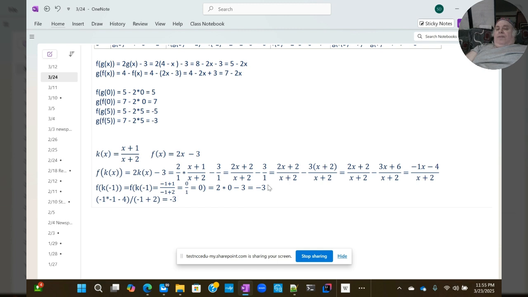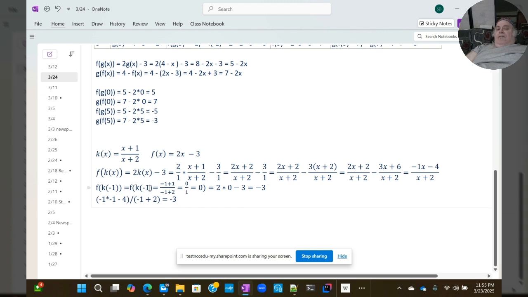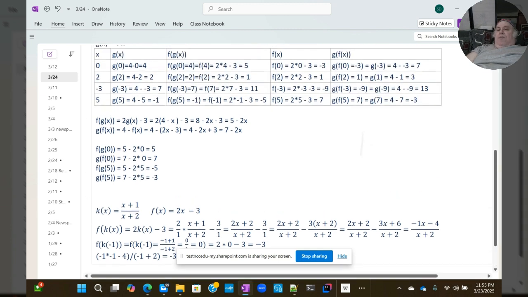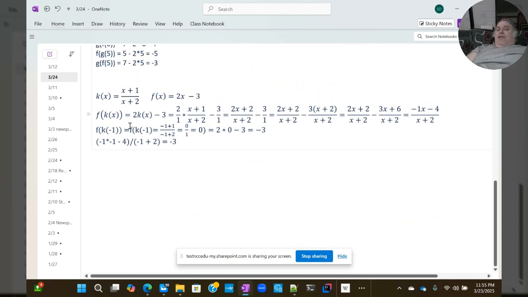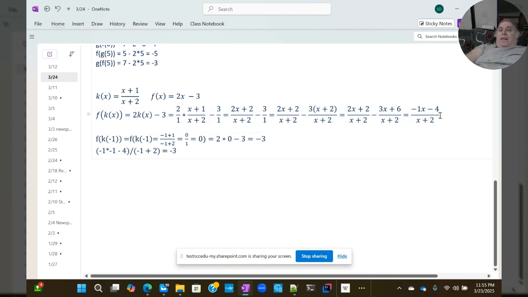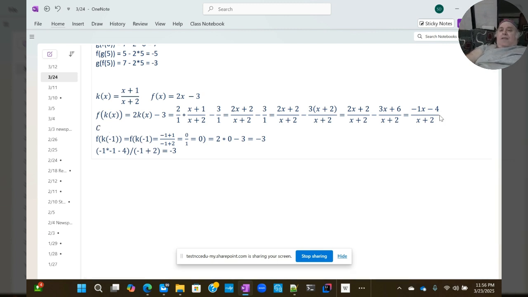So plugging it into the formula gave us the same number, minus 3. So this is what we call a check.